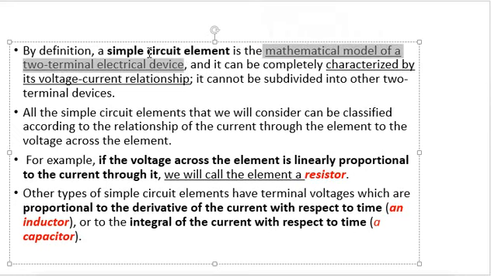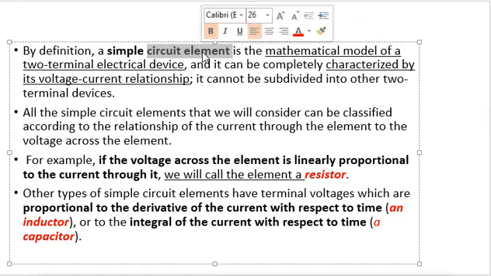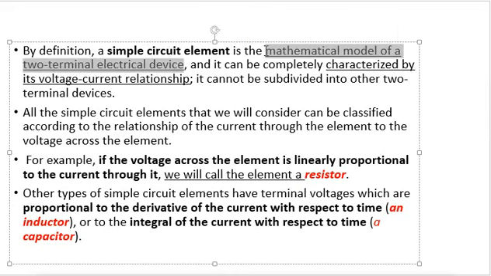Whenever you hear the word circuit element from now on, throughout the discussion, it means a mathematical model of a two-terminal electrical device. So the actual devices, through experimentation, we made a model of them, and we call the model a simple circuit element, or a circuit element.